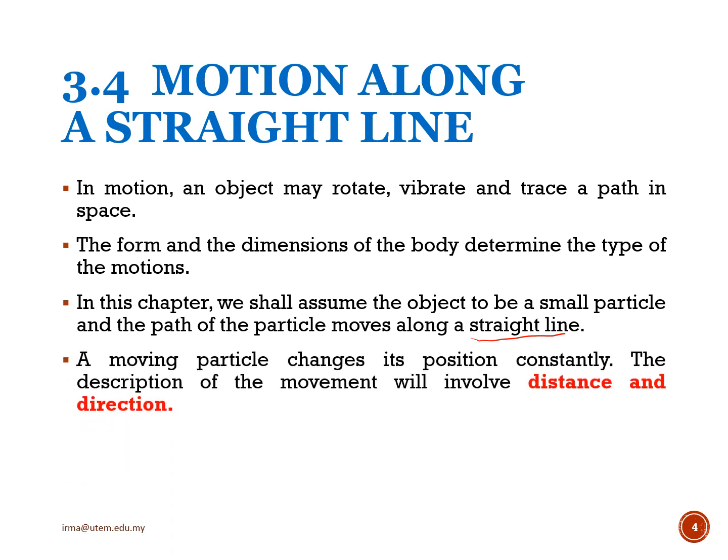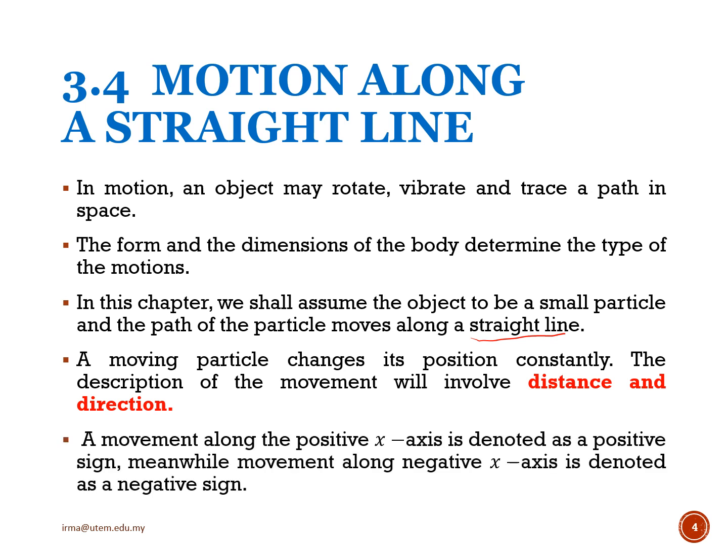A moving particle changes its position constantly. The description of the movement will involve distance and direction. A movement along the positive x-axis is denoted as a positive sign. Meanwhile, movement along the negative x-axis is denoted as a negative sign.